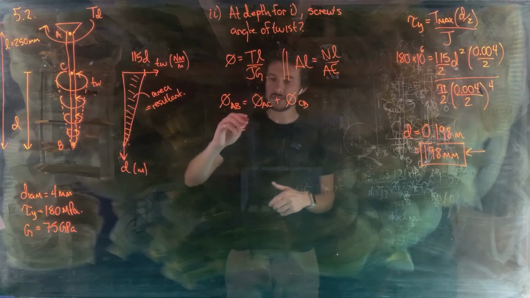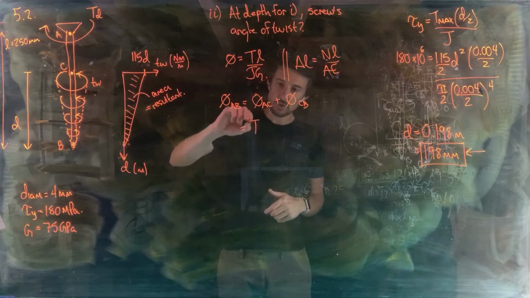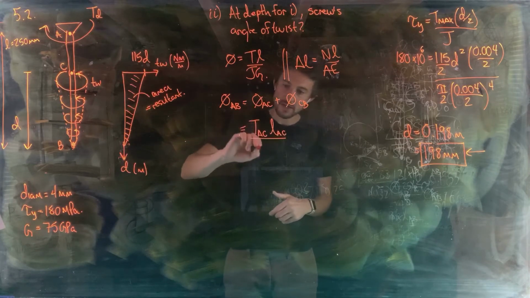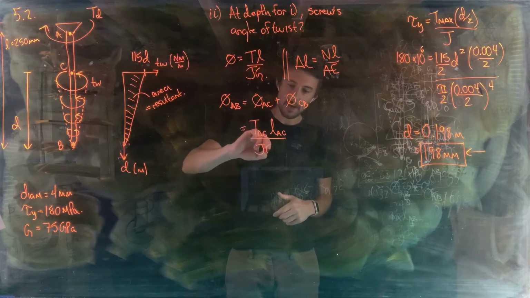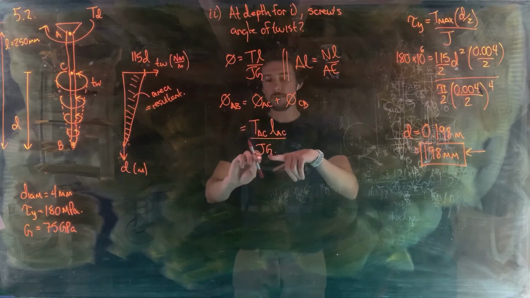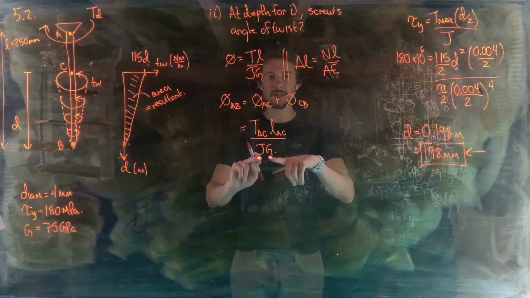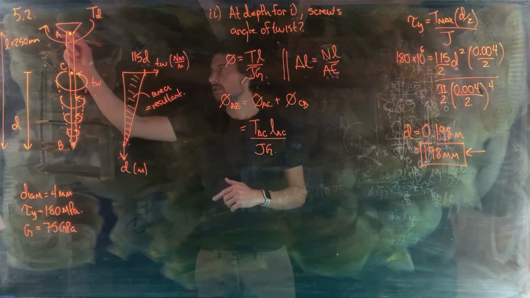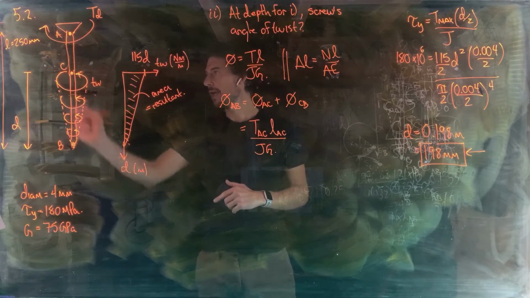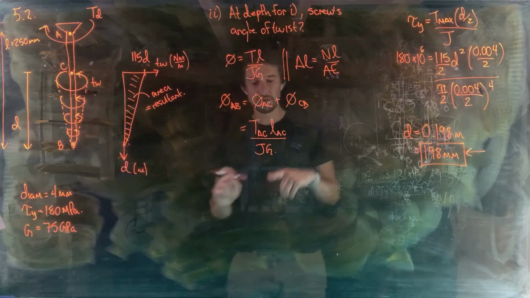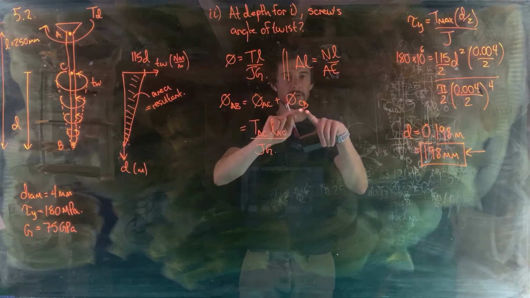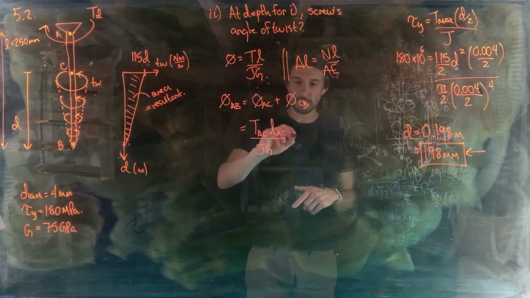So for phi AC, this is going to be the torque in AC multiplied by the length of AC divided by J and G. And I'm not going to put subscripts A and C on these two variables down here because the screw has a constant diameter and it's all made of one material. So J and G for segment AC are the same as those variables for segment CB.